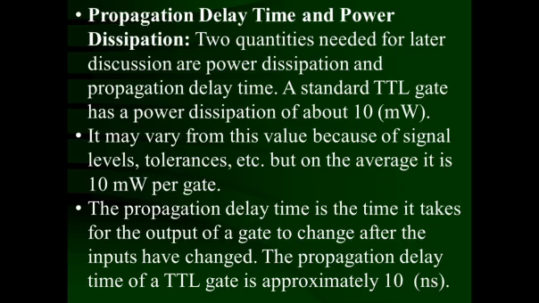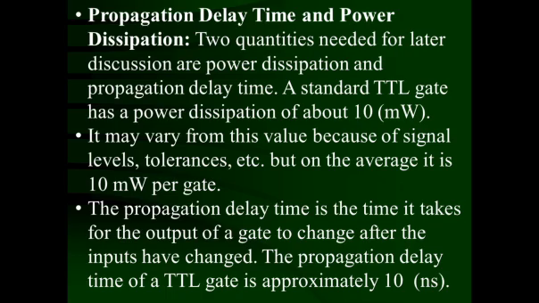Milliwatt means 10 raised to minus 3 watt. Current will be in milliamperes. So if the current is 2 milliamperes and you know that the voltage is 5 volt, then 5 into 2 is approximately 10 milliwatt, the power dissipation for our gate. But it can vary slightly depending upon the signal levels, tolerance, etc. On average it is going to be 10 milliwatt per gate.